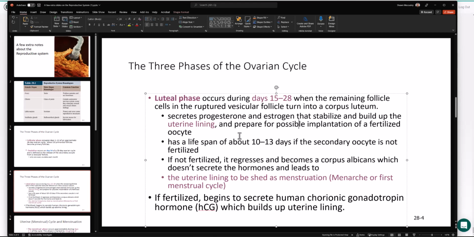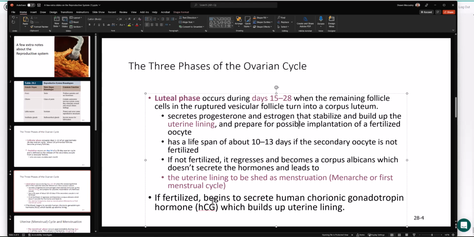And it will give it about a 10 to 13 day window. And if by the end of the 10 or 13 days, the embryo is not implanted, or there isn't an embryo in the first place, then the corpus luteum will regress to the corpus albicans, and that will begin the menstrual cycle once again.